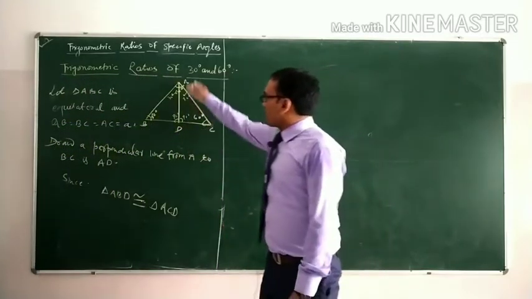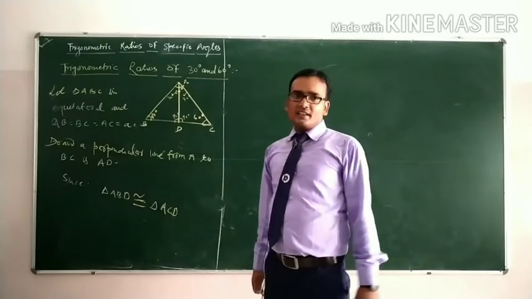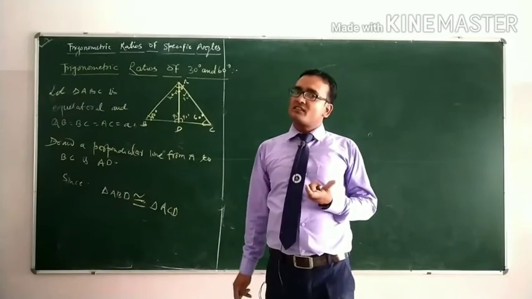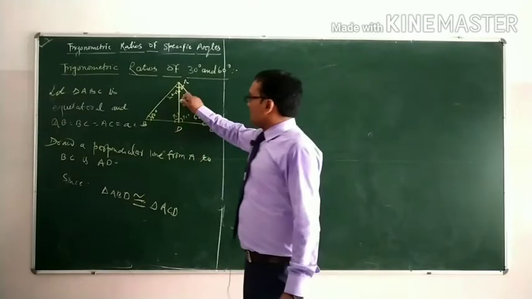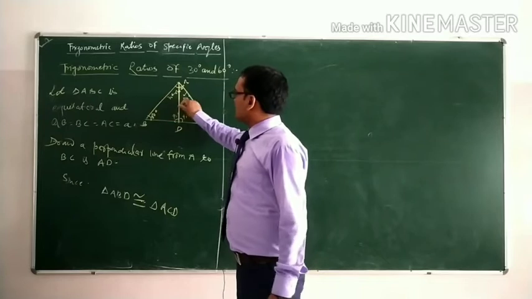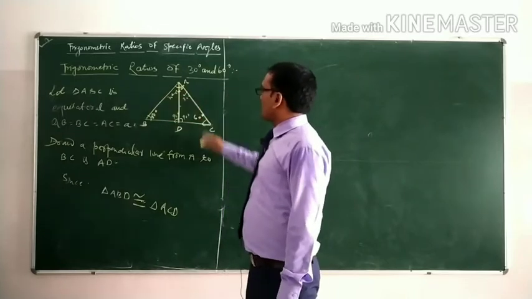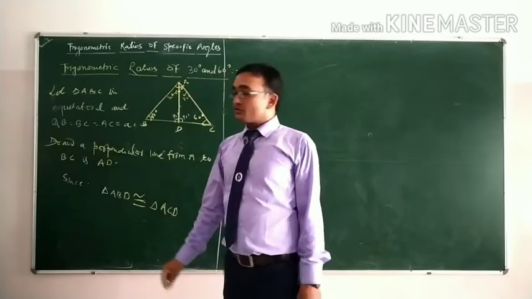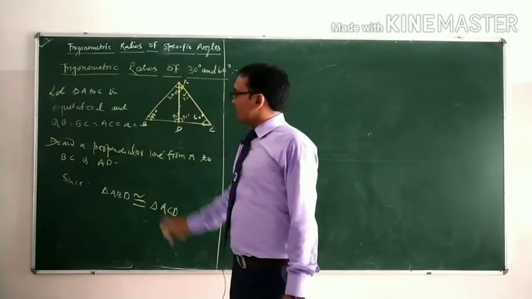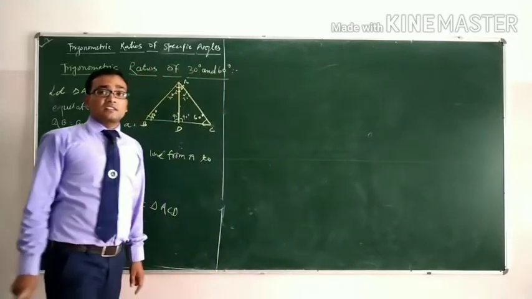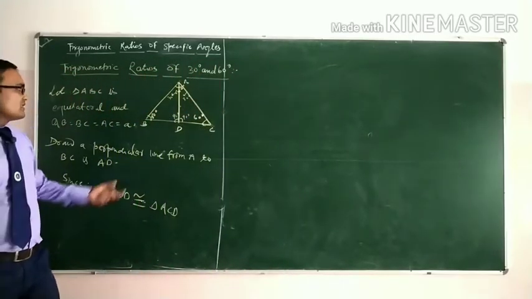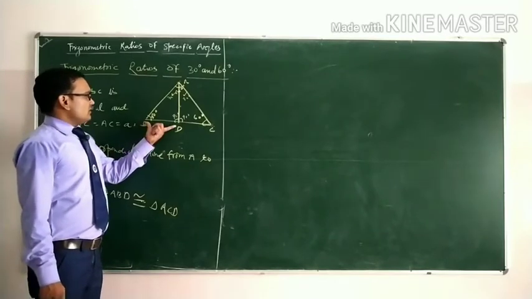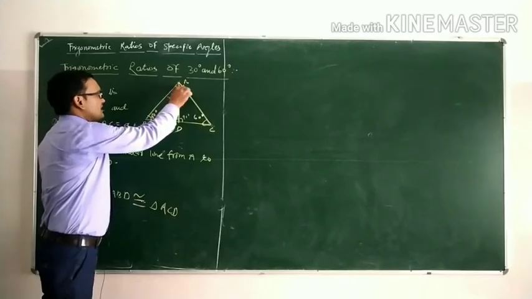We draw a perpendicular line AD to BC. That means this angle and this angle are right angles, and this side is common, and sides AC and AB are the sides of the equilateral triangle, and these angles are equal.